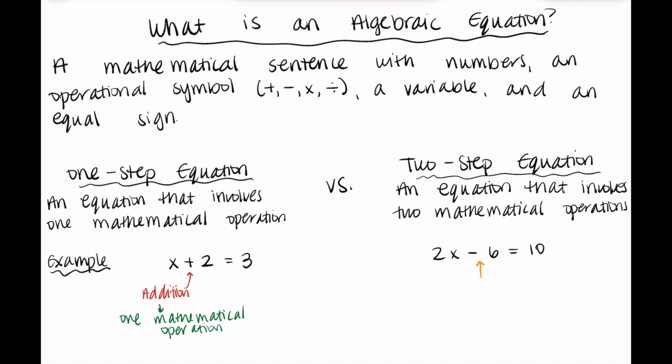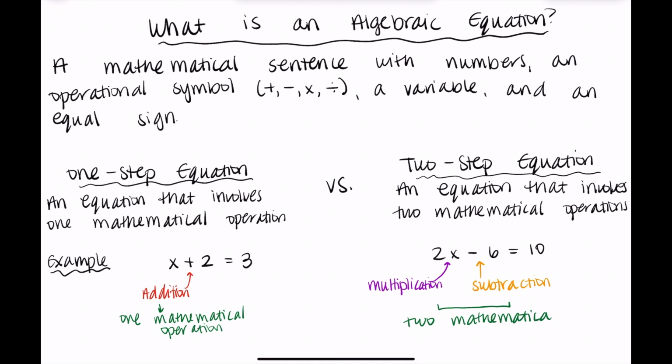We have our subtraction, but we also have our multiplication between the 2 and the x. That coefficient of 2 shows our multiplication. So since this equation has both subtraction and multiplication, that means it has two mathematical operations, which would make it a two-step equation.